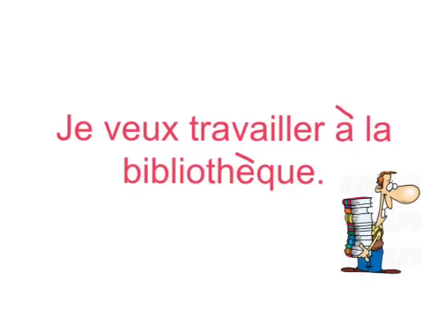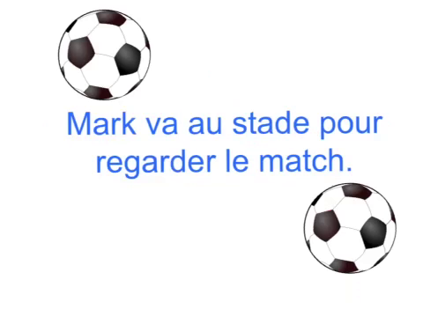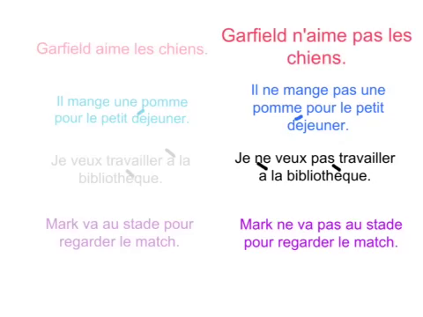And if you don't want to work at a library, right, Je ne veux pas travailler à la bibliothèque. Sentence: Marc va au stade pour regarder le match. And if he doesn't go to the stadium, you would write Marc ne va pas au stade pour regarder le match.